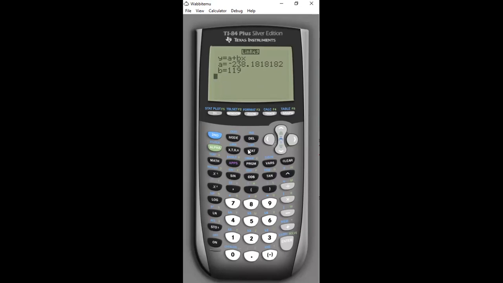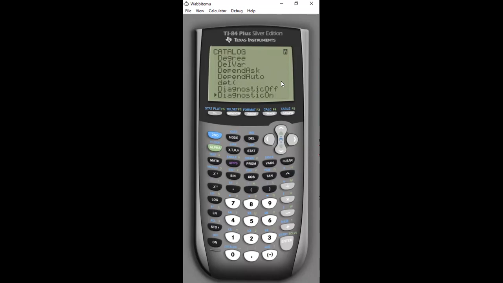So here is what you can do to include R square and R in your analysis. The first thing is you press second, then 0, which takes you to the catalog. In the catalog, you need to go all the way down to D. You are going to get the diagnostic option here.